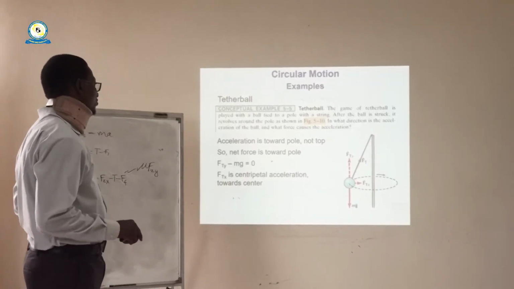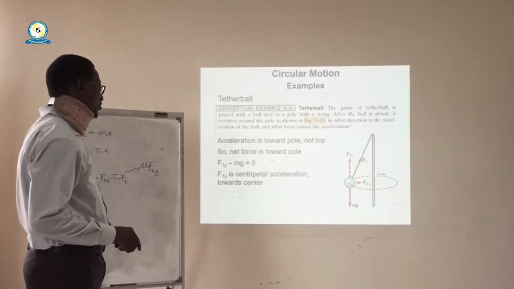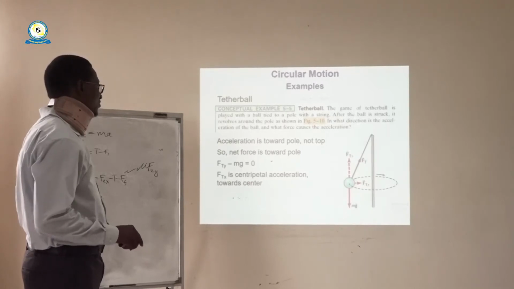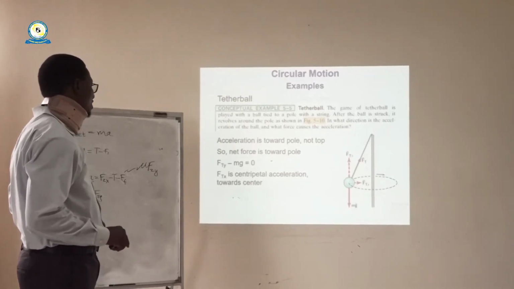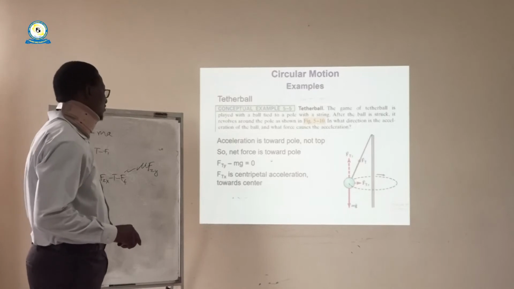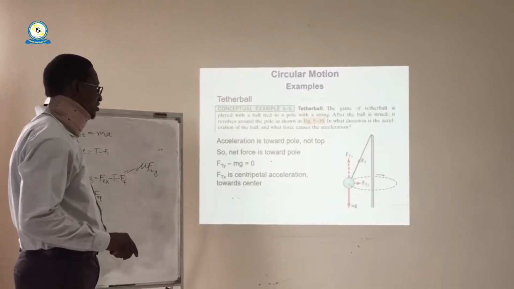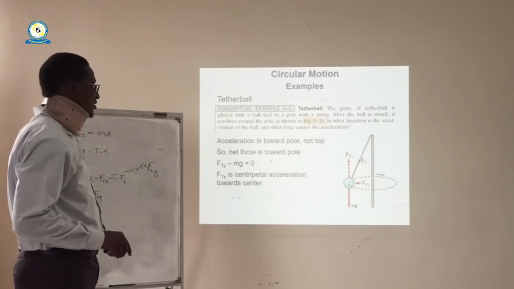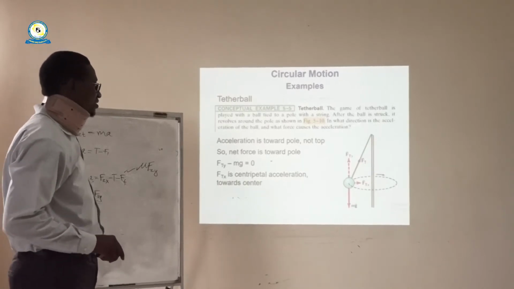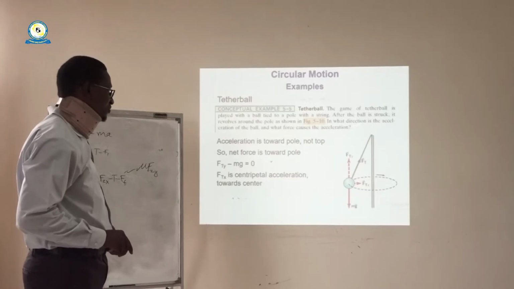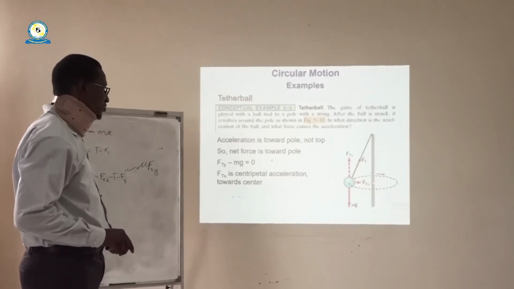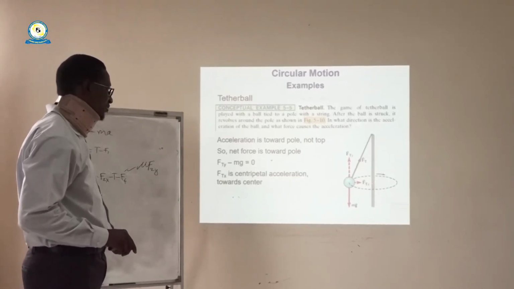Acceleration is toward the pole like this here, not up. So net force is toward the pole. Net force here we sum toward the pole. Remember this case, acceleration is toward the pole, it means toward the center. The pole is at the center, toward the pole here.